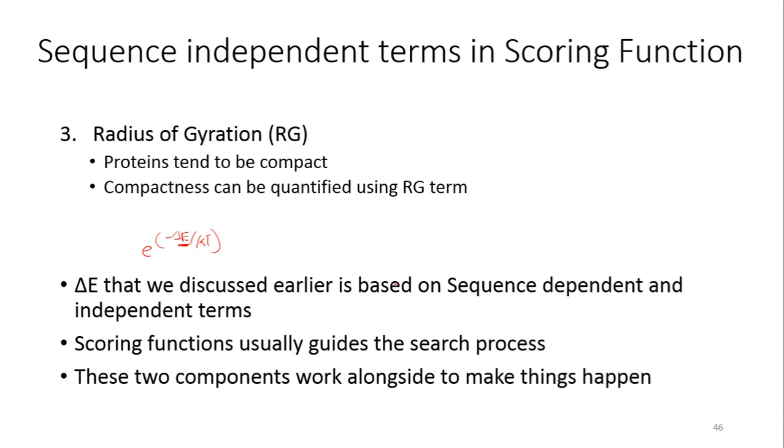These two components, scoring and creating new poses, do not work independently of each other. It doesn't happen that the algorithm first creates all the decoys and then scores whatever decoys are produced. It doesn't work that way. Instead, these two components work alongside each other to make things happen.